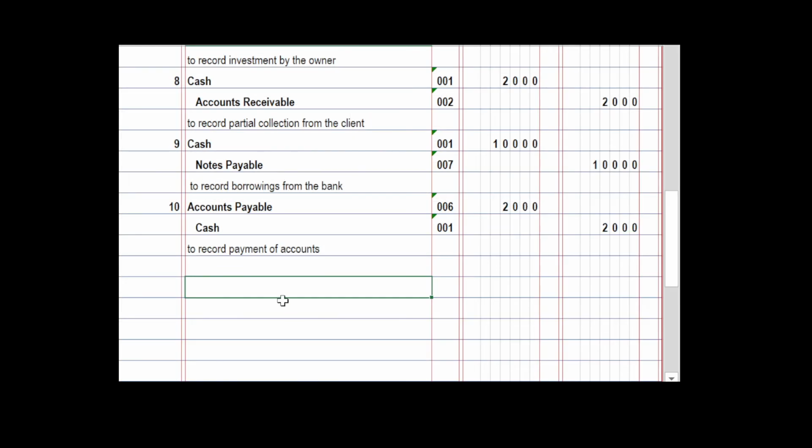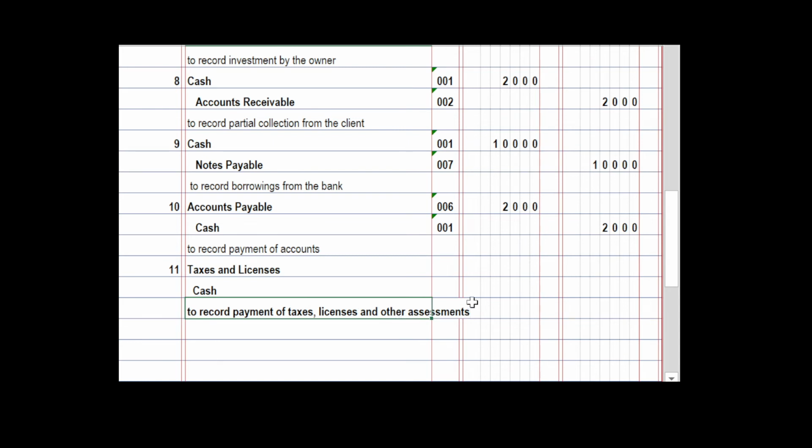So credit tayo ng cash for our 11th transaction. Credit tayo ng cash. So, to record payment of taxes, licenses, and other assessments.